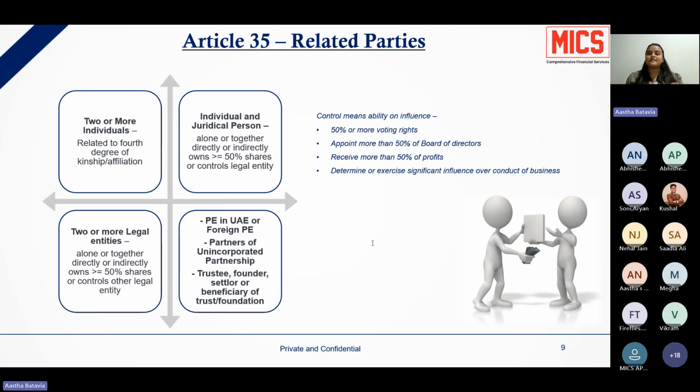In short, Article 35 tells us if there is a family connection, common ownership, or influence, then these parties will be treated as related parties, and transfer pricing regulations will be applicable in this case.